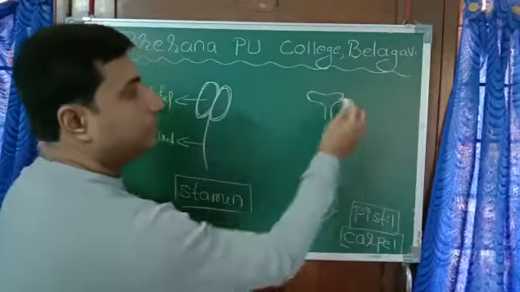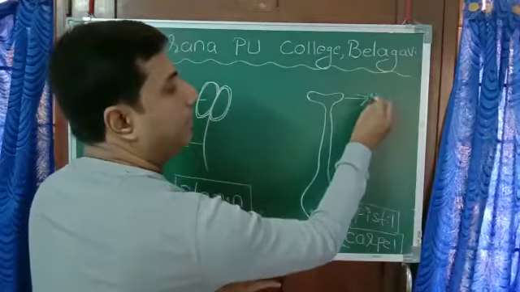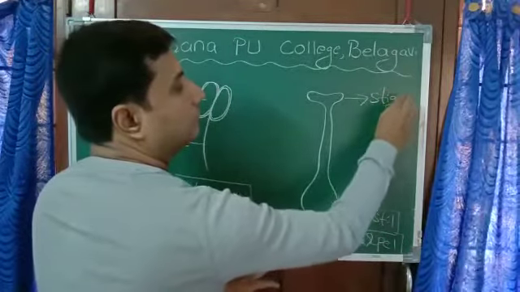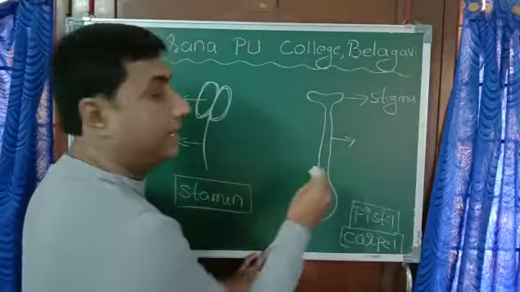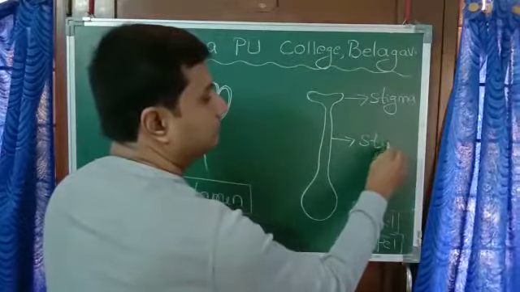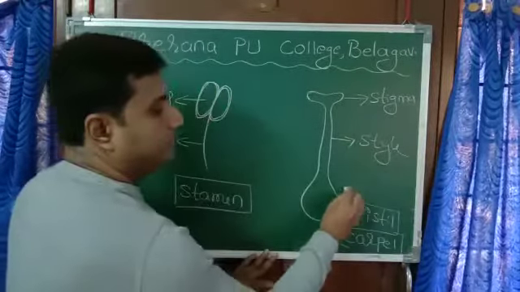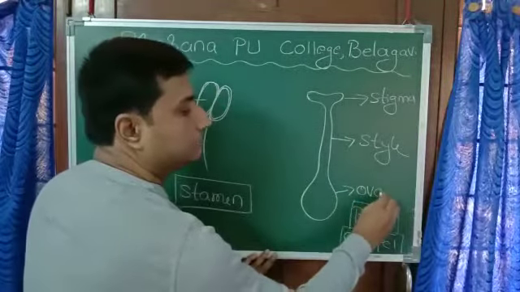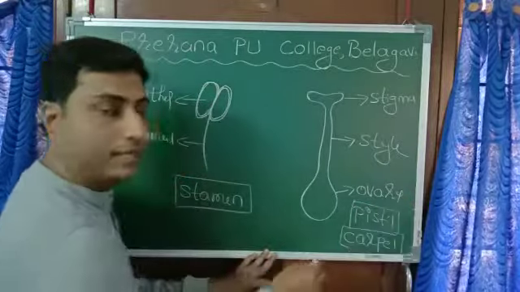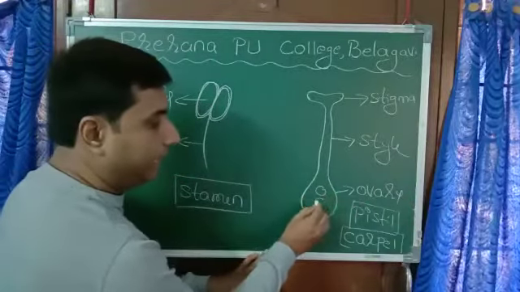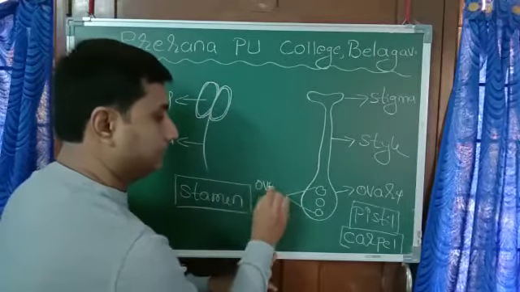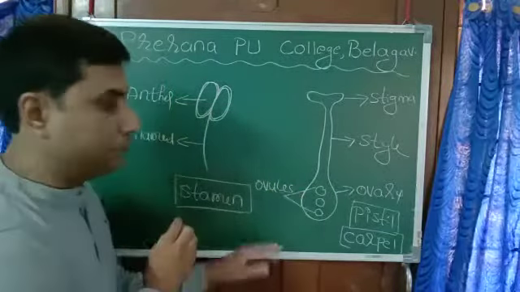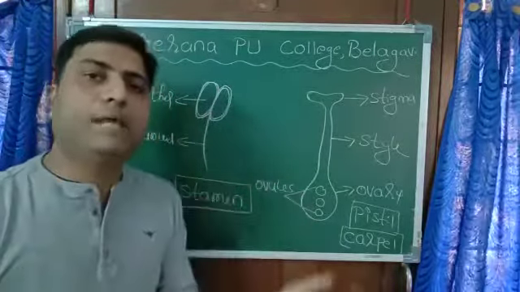This carpel or pistil consists of the stigma, the style, and this part called the ovary. Inside the ovary there are many ovules. Ovules can be single or in many numbers.